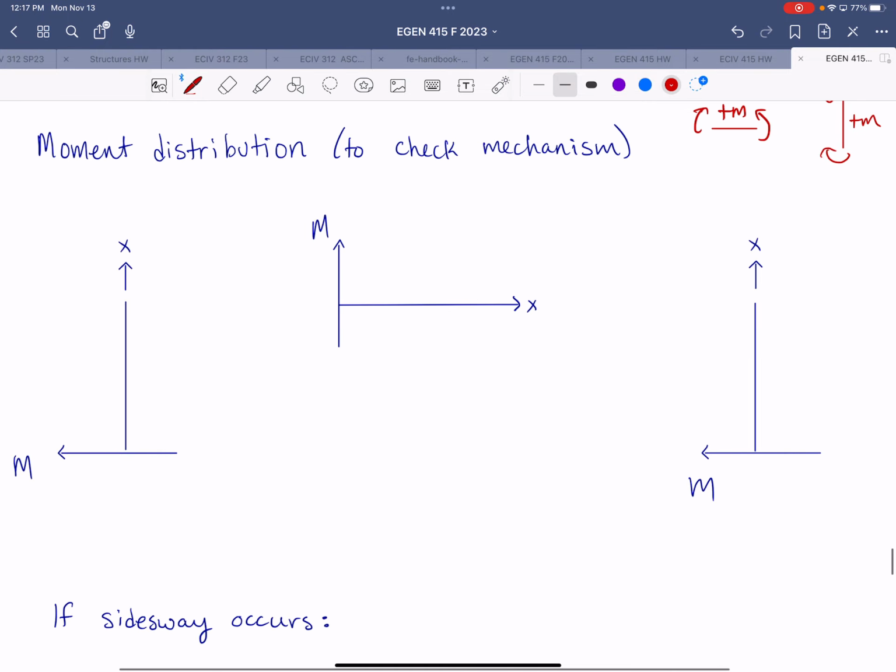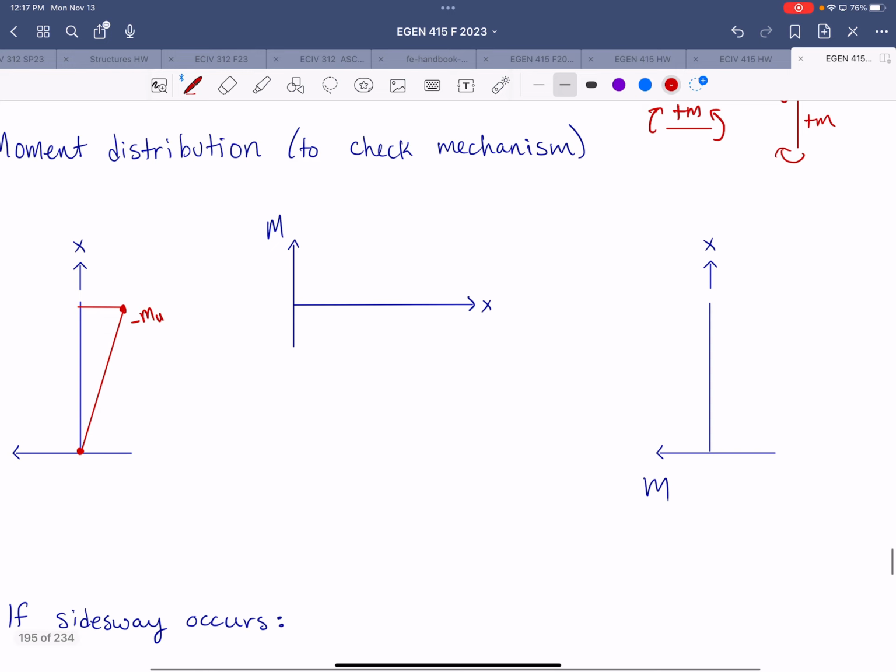For the columns, those are easy. We have 0 moment at the base where the support is pinned, and then that's going to just increase linearly to a value of negative MU at the rigid joint for the left column. On the right column, it's going to be positive MU.